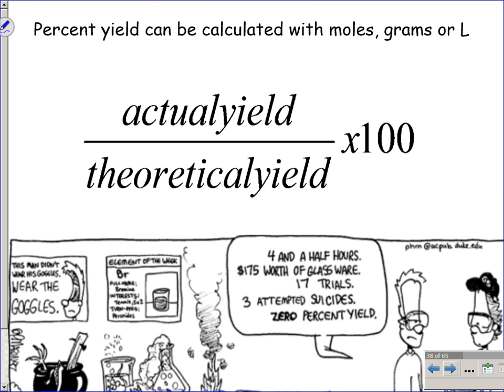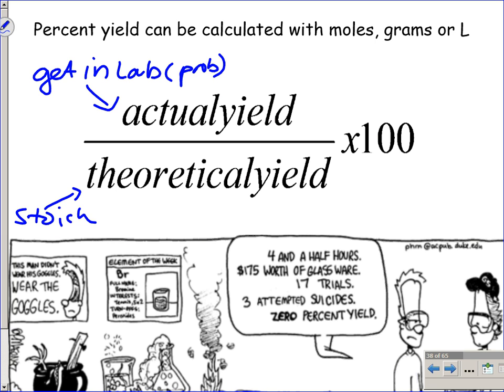Okay, so whenever you're calculating percent, just like always, you do the thing that you're looking at over the total times 100. Well, the thing we're looking at is what we get in the lab, either we get it in the lab or it's given in the problem, over our stoichiometry calculation, which we're calling our theoretical yield, what we should get in our reaction process.